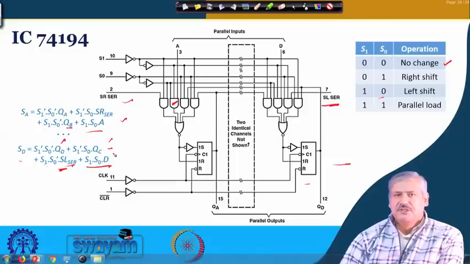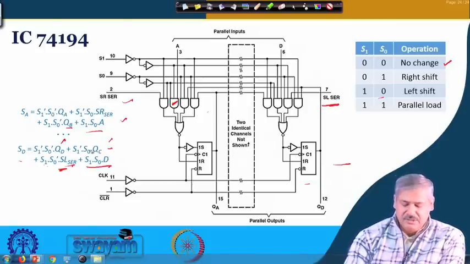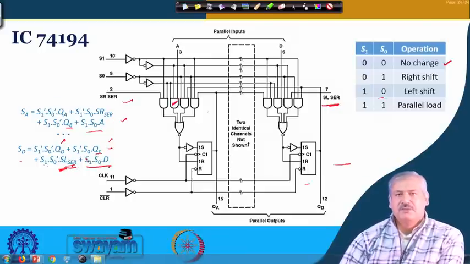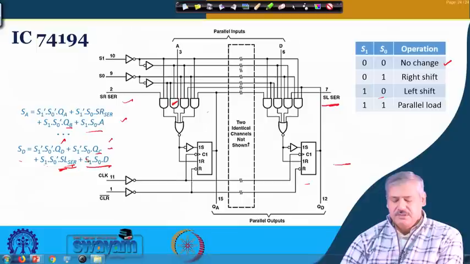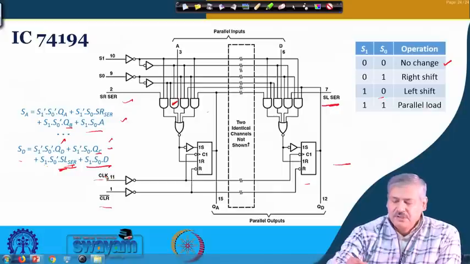Is it fine? This is replicated in the rest of the cases with the appropriate values, other things are similar, and this is asynchronous clear, and the clock is common to all of them, fine.